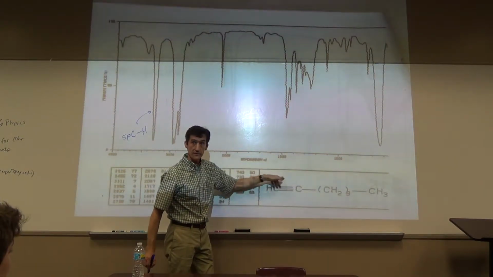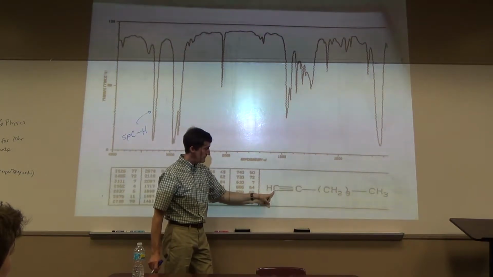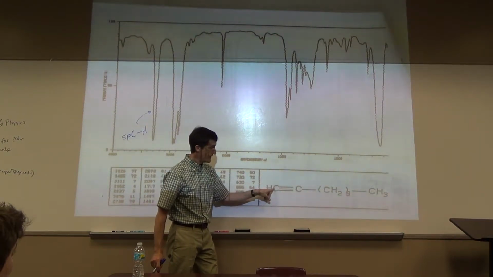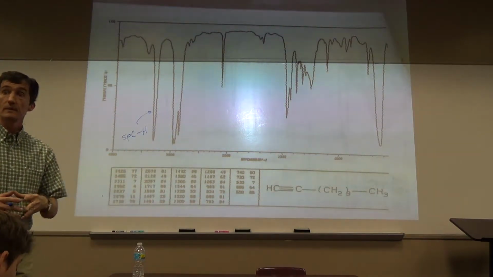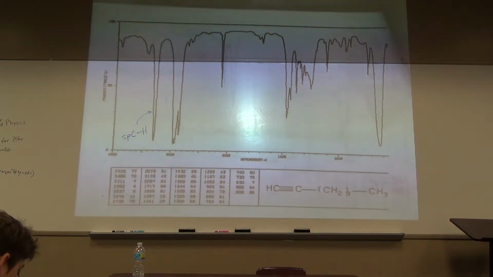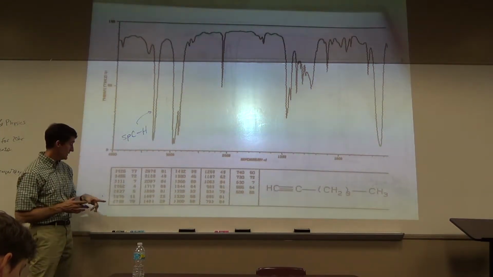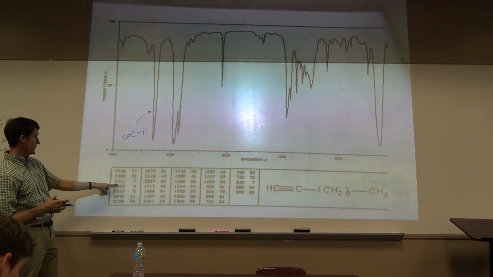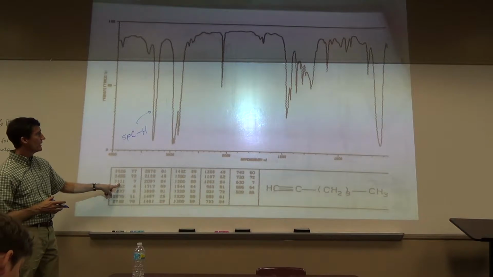We can envision linear, two pi bonds, orbitals. So we have this sp C-H bond, and according to the table, it gives a peak where? About 3,300. Do we have a peak at about 3,300? Certainly, and it's pretty intense. The exact number is 3,311. Yeah.